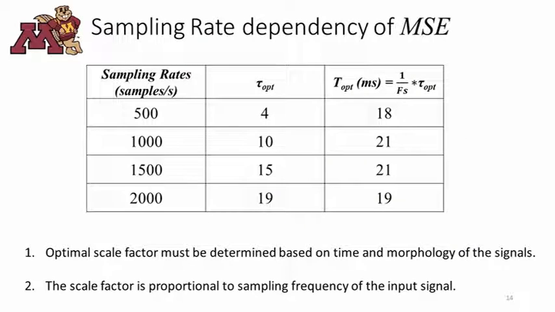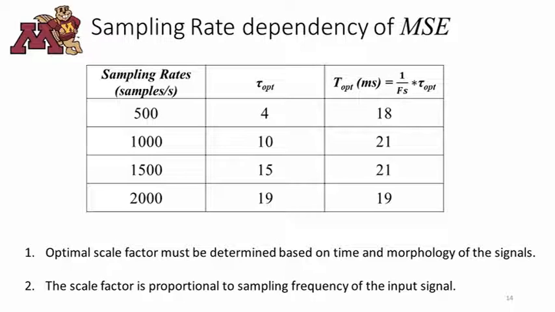Next, we wanted to see the dependency of the optimal tau value with respect to sampling frequencies of the input signals. Therefore, to identify the optimal tau value for different input sampling frequencies, similar convergence plots as shown before were made, and the optimal tau values identified are listed in column 2.